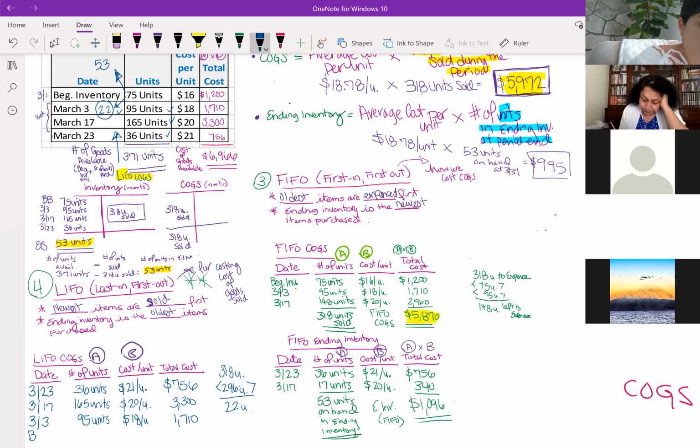So beginning inventory, this last layer, 22 units are going to be expensed at a cost of $16 per unit. And how much is this layer going to be? 352.